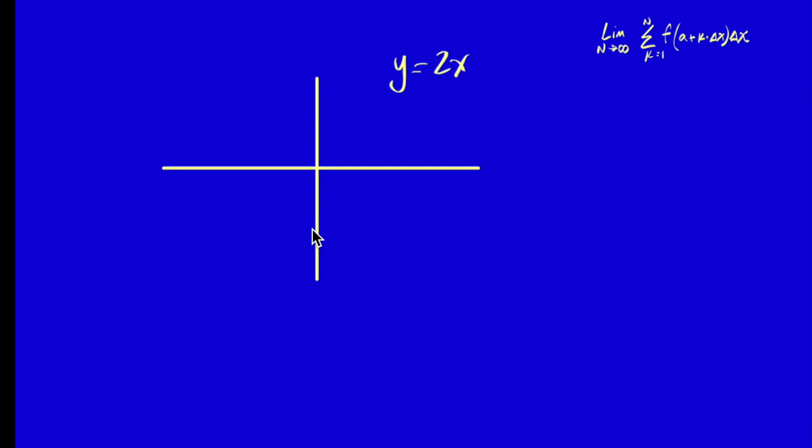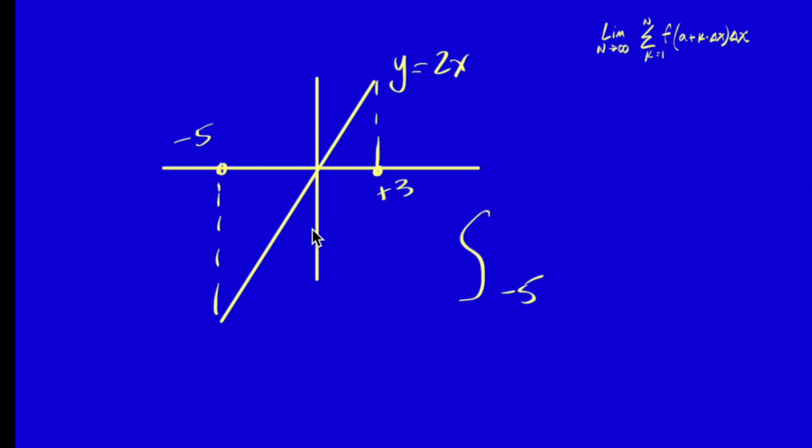For example, if we had this graph, y equals 2x, and that's going to look something like that with a slope of 2, we cannot say that the area under this curve from, let's call this -5 to +3, we cannot say that this definite integral represents the area under that curve, y equals 2x, because when you sum up the integral from -5 to 0 and then from 0 to +3, overall your definite integral is going to be negative.